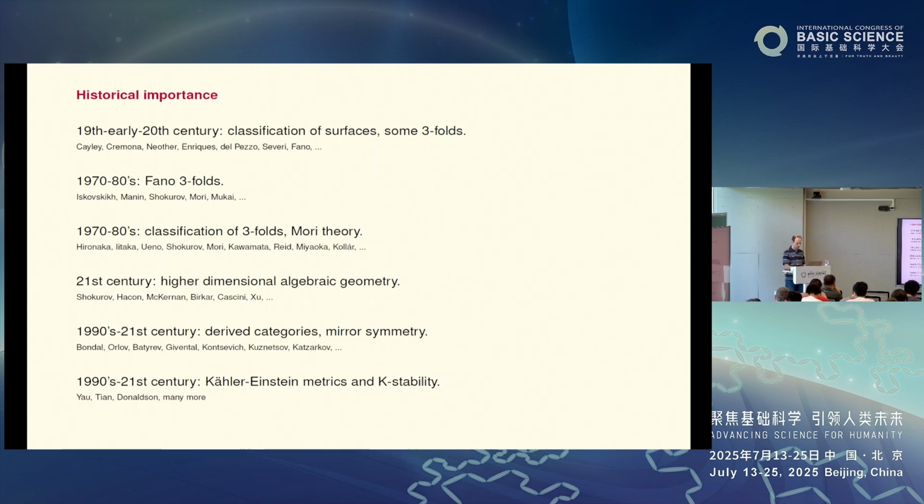Of course, it's not an extensive survey of Fano varieties, but I think this already makes it clear. If you look at the history of mathematics, you see that at several points, big advances have been related to Fano varieties.